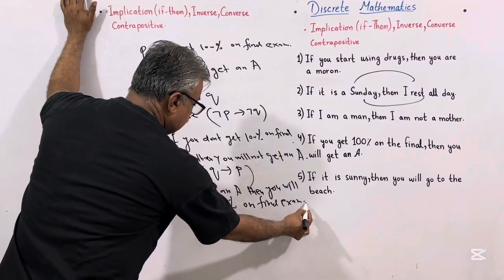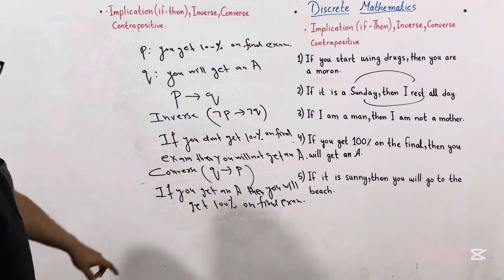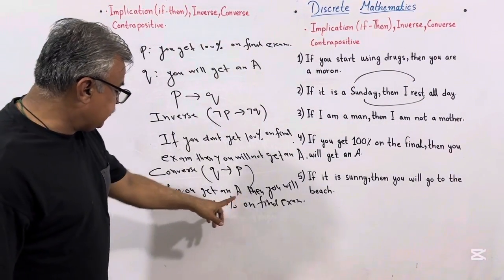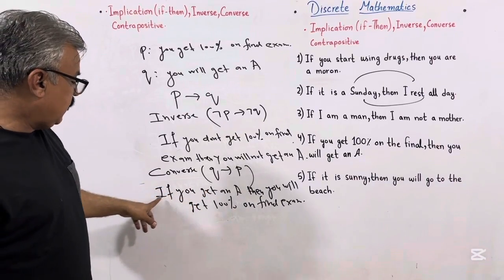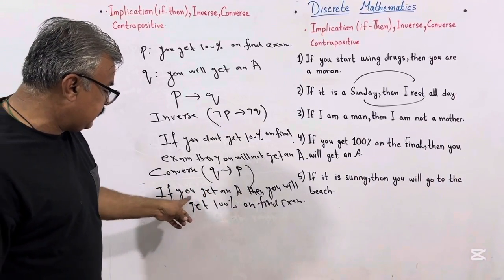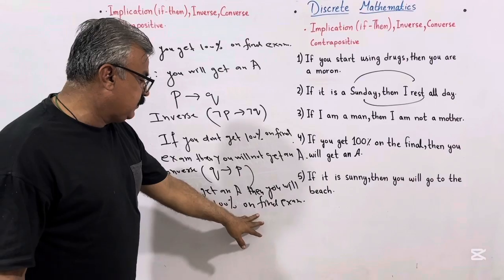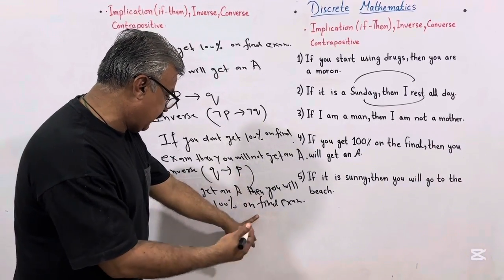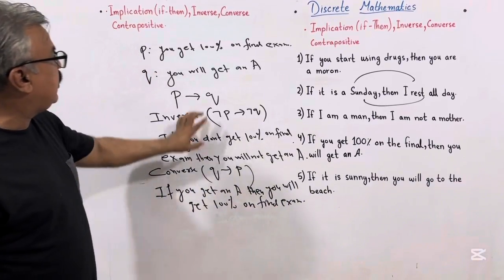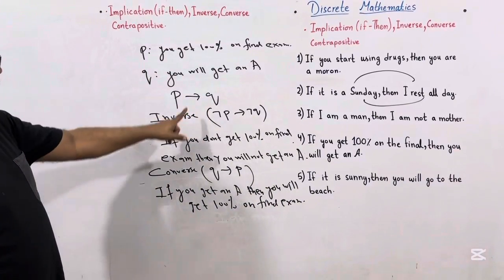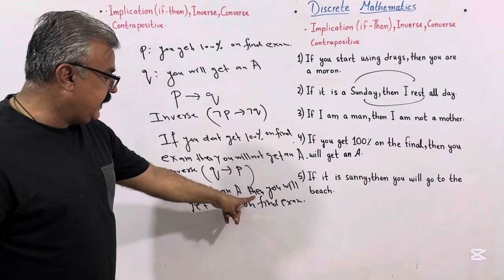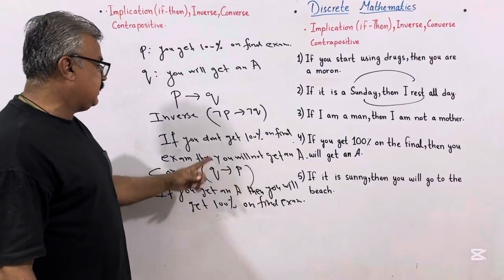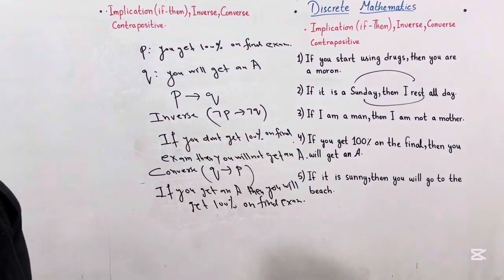For your convenience, from grammar point of view, the conditional part is written in present simple, and we can use future simple in the consequence, in the result. That's why I have switched over the tenses as well. If you get an A, then you will get 100% on the final examination. That's the converse of this statement P implies Q.